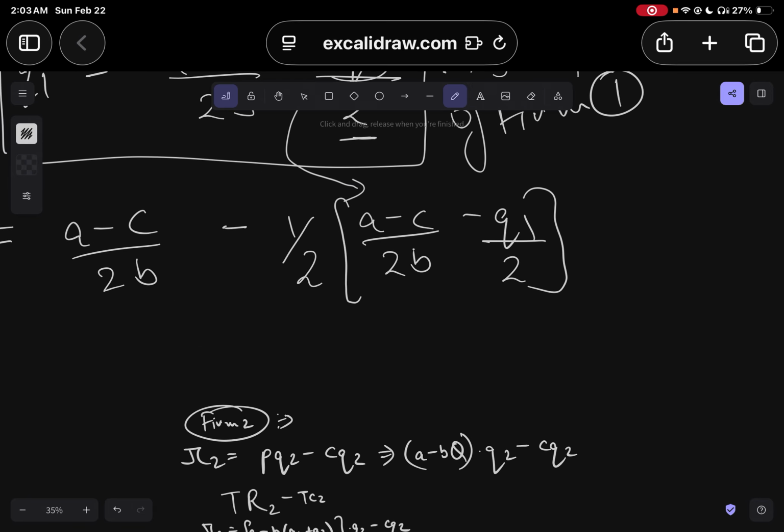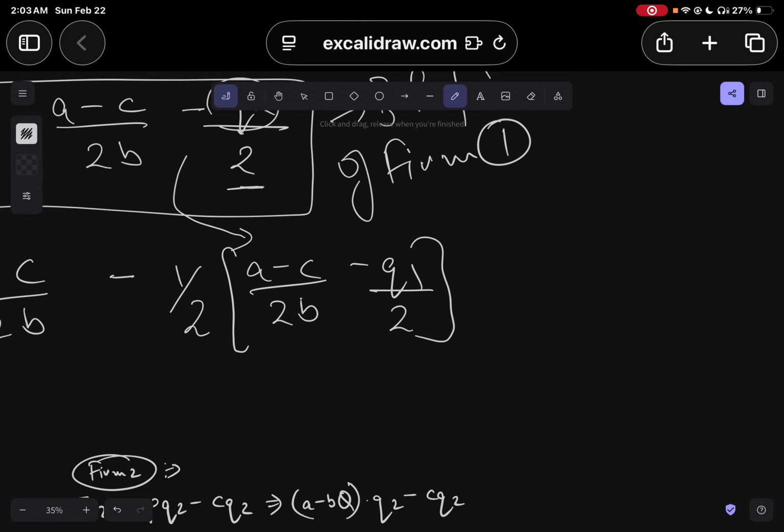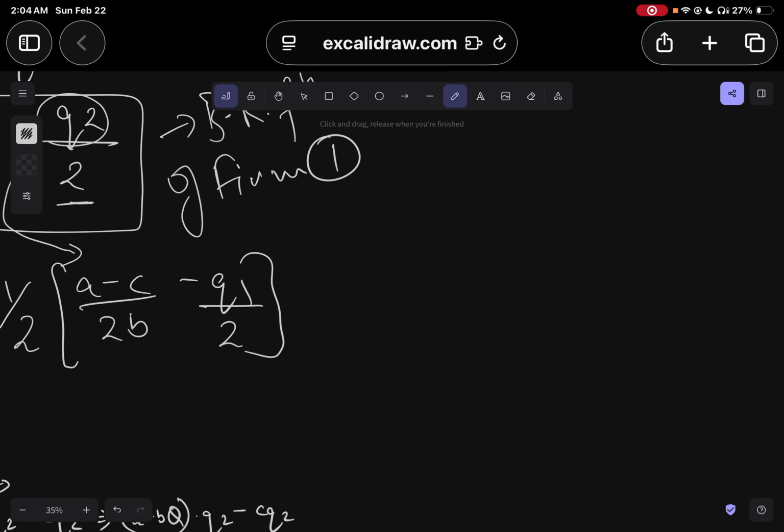Through this, for Q1, we will get A minus C upon 2B minus A minus C upon 4B plus Q1 by 4.